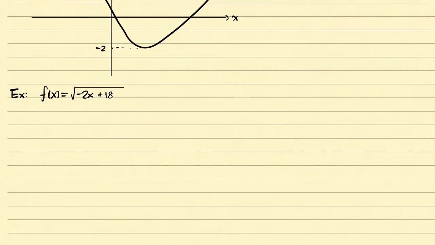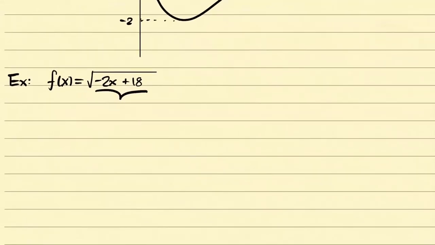So let's write that in inequality notation. Whatever is in here, all I know is it has to be greater than or equal to 0. It can be equal to 0, but it has to be non-negative. And what is that thing inside the square root? It's this guy.